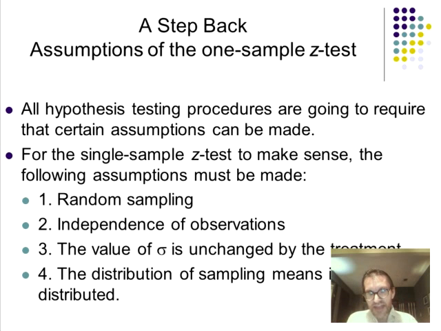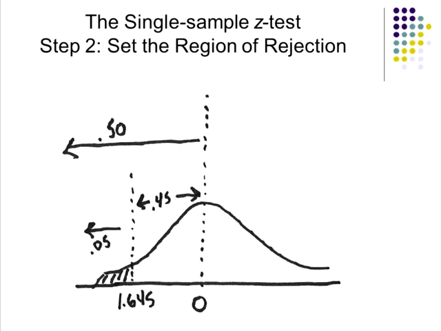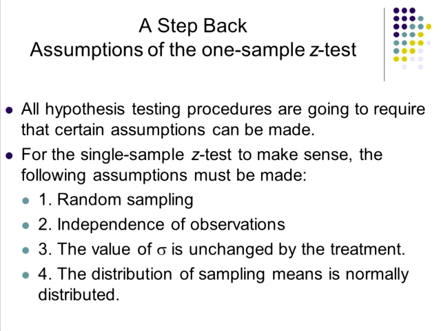There's an assumption that the value of sigma is the same. Remember, we rejected the null in that last example. There is a distribution of times to fall asleep, and we have said that there is a completely separate distribution for time to fall asleep after taking the drug.